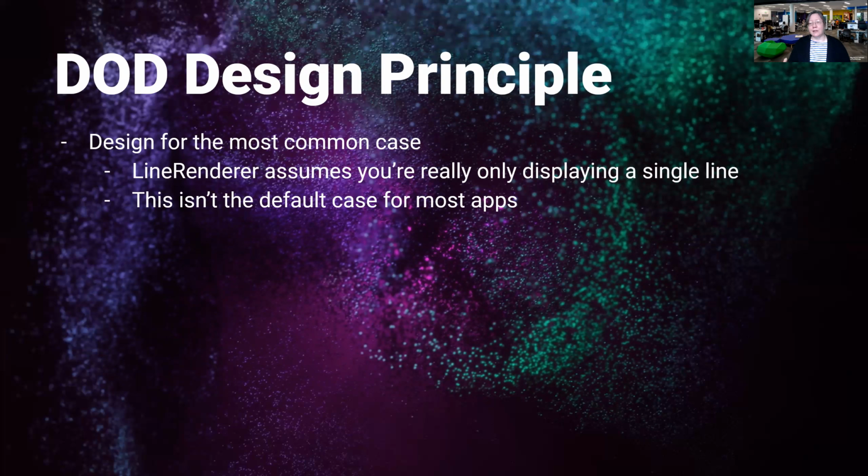It's a single thing that's only going to be drawn once. However, if I'm drawing this like 20 or 30,000 times, it's going to cause a lot of issues because each one of those is a separate object. And note that for most applications, one line is not the default case. And so it's a design principle to design for the most common case.